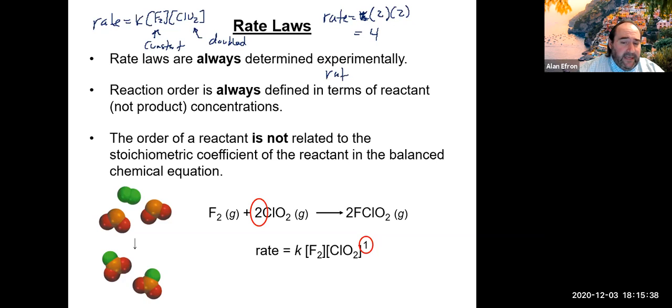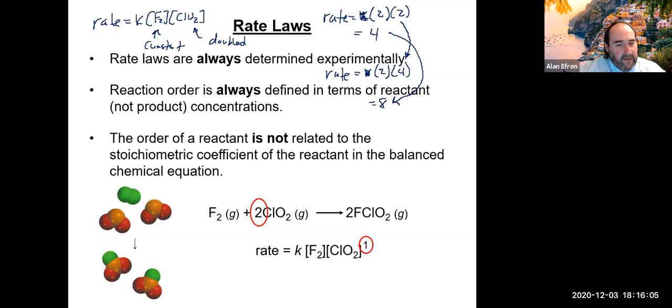Now, if we did the same reaction and kept the first one at 2 and doubled the second one, if we multiply it, the rate would end up being 8. So what we see here is if we keep one constant but double the concentration of the other, because they're both first order, we will see a doubling in the rate.